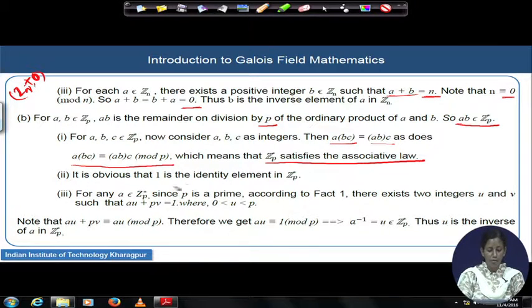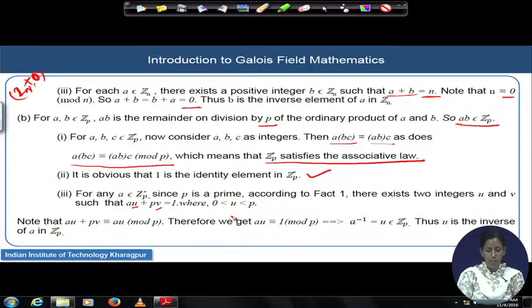It is obvious that one is the identity element because it is a product. Wherever you go, one will be the identity element for this whole set. And for any element A in Zp star, where p is a prime number, according to fact one that we have declared earlier, there should exist two other numbers u and v such that Au + pv will be equal to 1, where u varies between 0 and p.